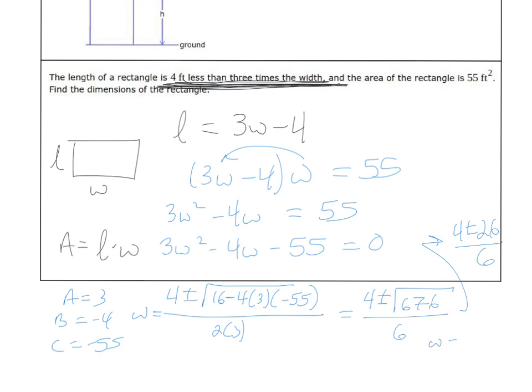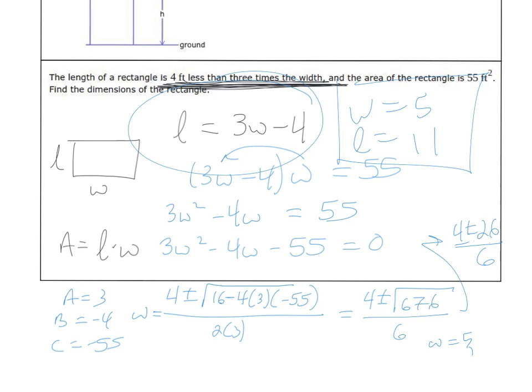So the width is either equal to 5 or 4 minus 26 is negative 22, divided by 6 is some negative number that I don't care about because the width will not be negative. So now I know the width of the rectangle is 5, and now I can use that information to find the length. The length will equal 3 times 5 is 15, minus 4 more is 11.